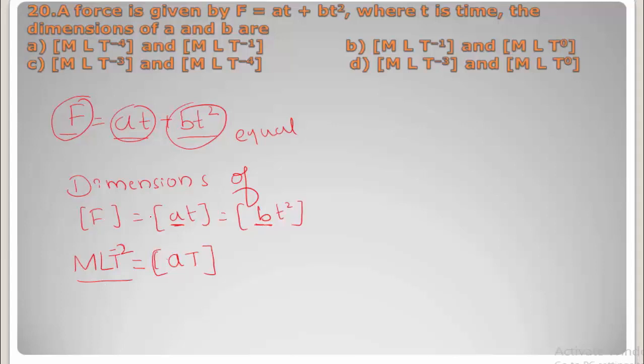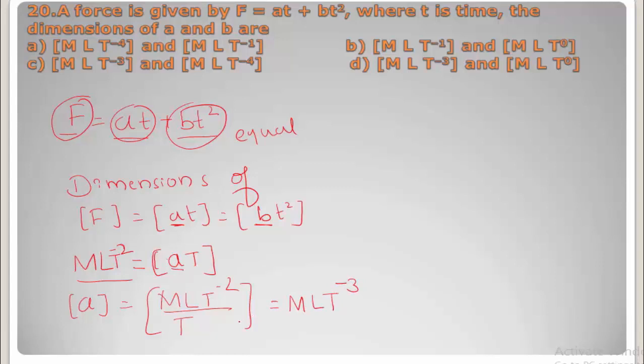So first consider these two. F is equal to AT. The dimension formula for force is M L T raised to minus 2 equals AT. Now the dimension of A becomes M L T raised to minus 2 whole divided by T. This becomes M L T raised to minus 3.